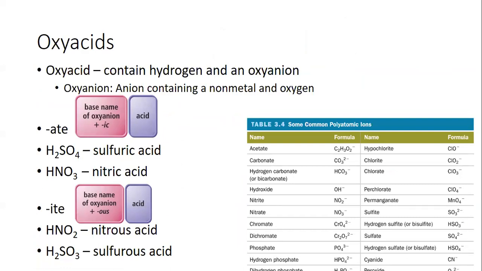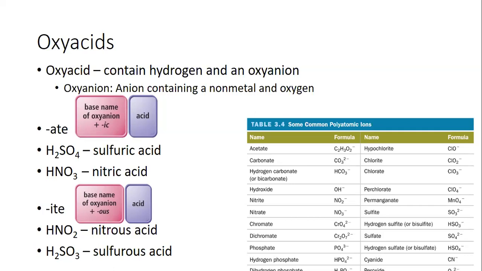So what is an oxyacid? An oxyacid has one of our oxyanions that we introduced back in the polyatomic ions. And so for the names, if your oxyanion name ended in ate, so I'm looking at nitrate or sulfate, you just give it an ic plus acid. So that's why it's sulfuric acid. It's sulfuric acid because it has SO4, and SO4 is a sulfate, so we name it sulfuric acid.